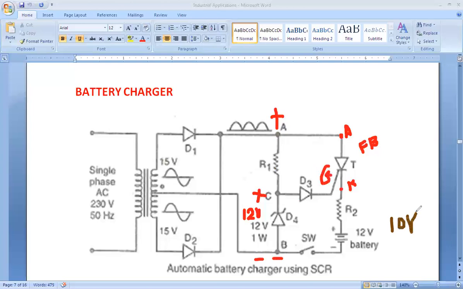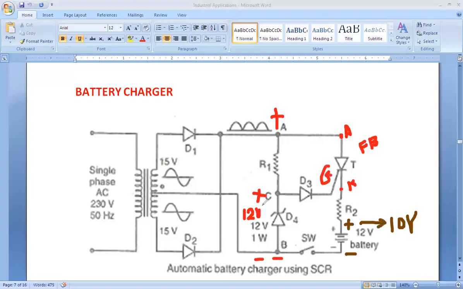The capacity of the battery is 12 volt, but due to some discharging process, the voltage across the battery is 10 volt. So due to this 10 volt across the battery terminals, here it is plus and minus 10 volt.